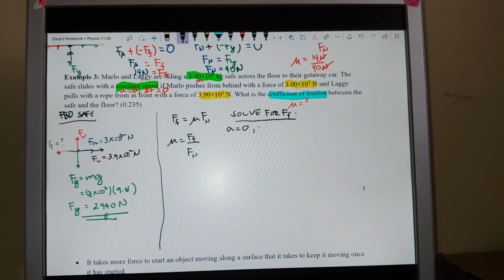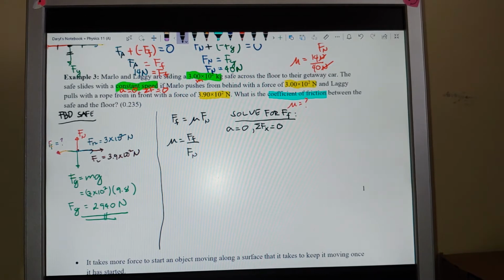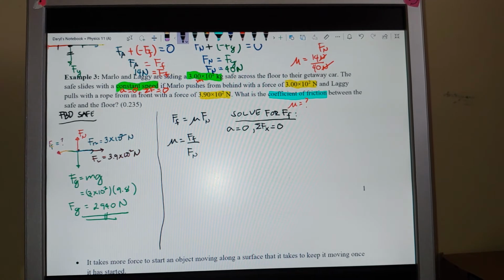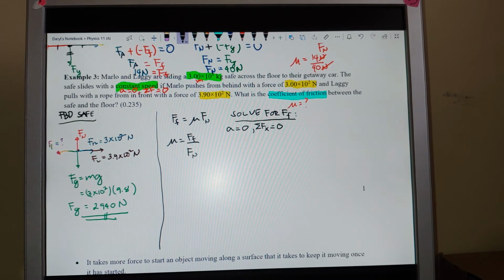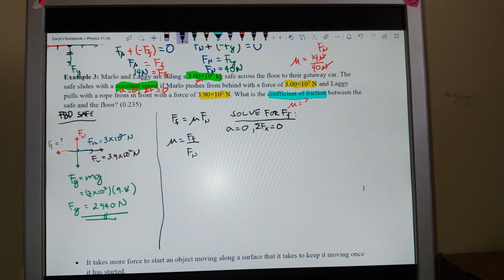So that means the sum of all the forces along X is equal to 0. That would be my starting point.